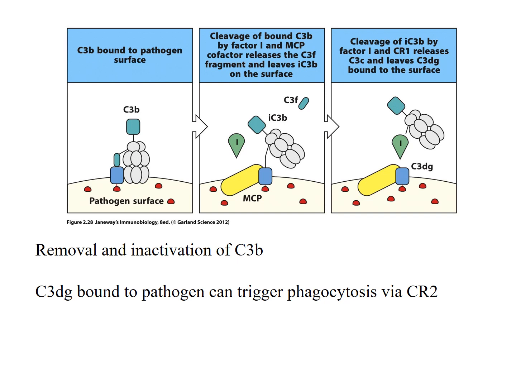Here it's factor I that is cutting it, releasing it off to do something else. Well, the remaining parts of the C3, if they're still bound there, can cause a neighboring phagocyte, neighboring macrophage, to cleave off parts of it, clean up whatever could be there.